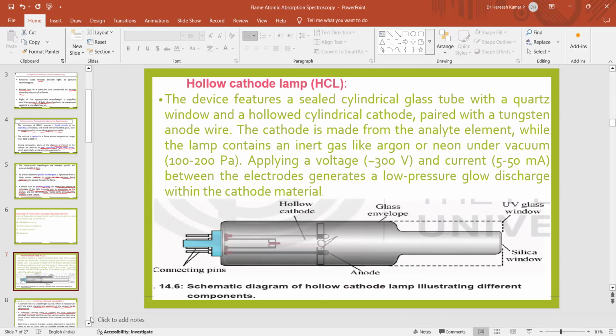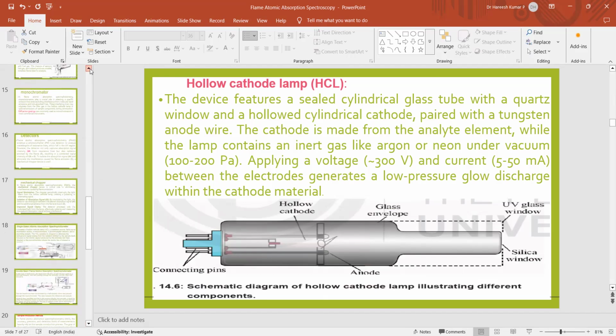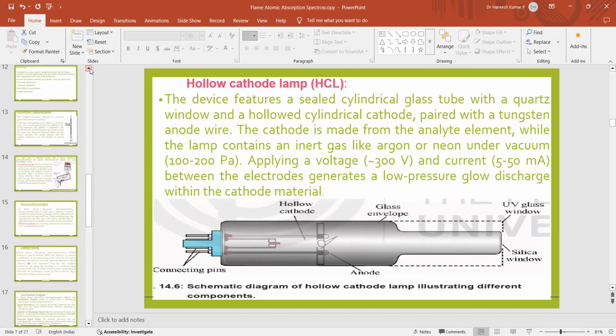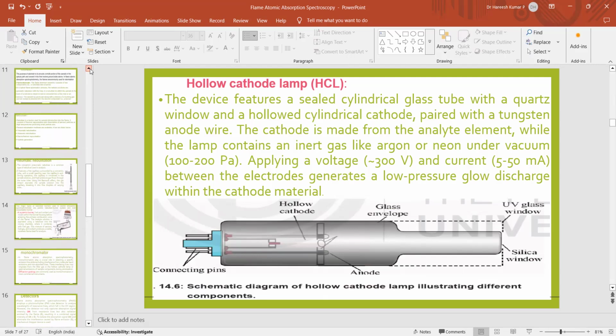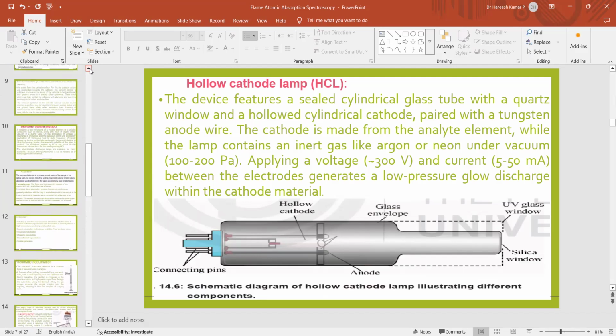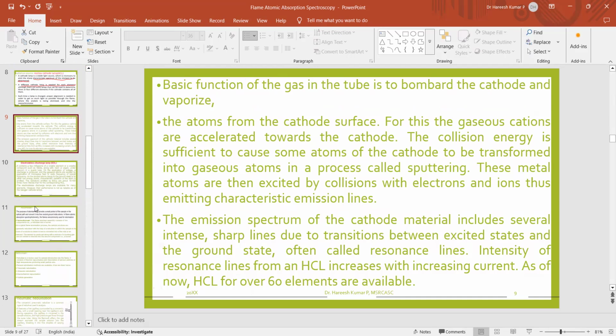material. Let's go to the next slide. The next slide covers the role of inert gas components in the hollow cathode lamp. So here, the basic function of the gas in the tube is to bombard the cathode and vaporize the atoms from the cathode surface. For this, the gaseous cations are accelerated towards the cathode.